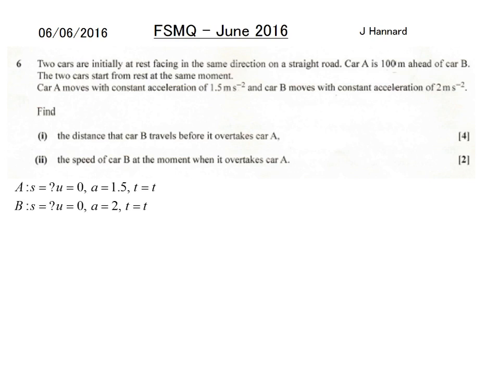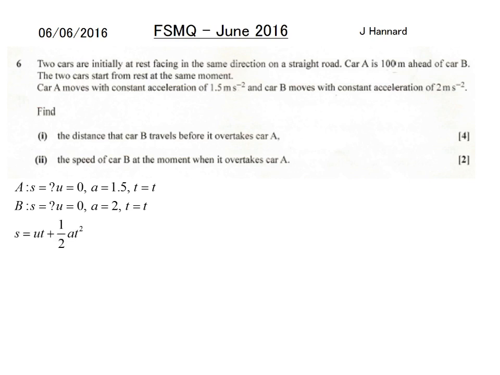So you set up your SUVAT like that, you list your variables. S is going to be unknown. U is 0 in both cases because it starts from rest. A for A is 1.5, A for B is 2, and T is T seconds. So for the distance of the car, S equals UT plus a half AT squared.